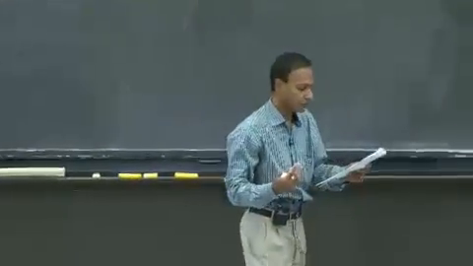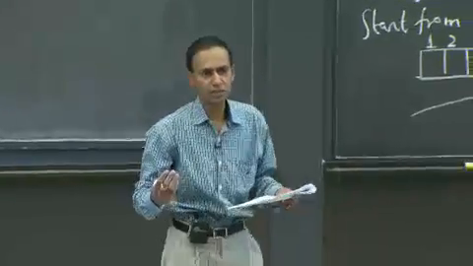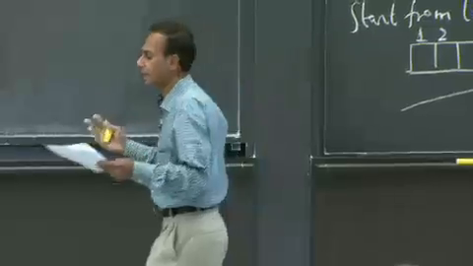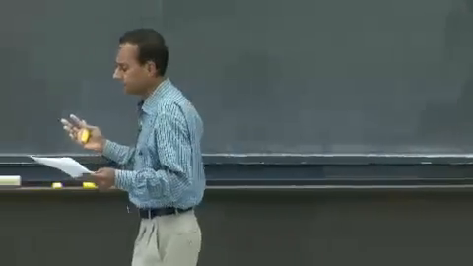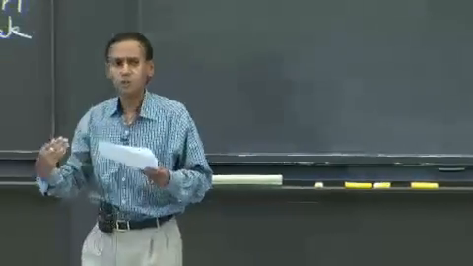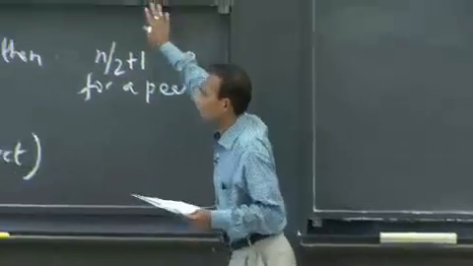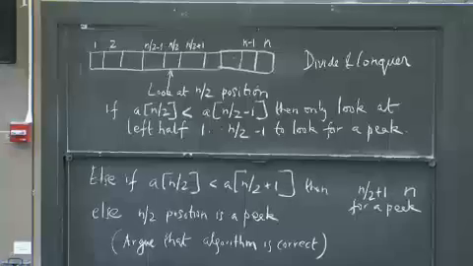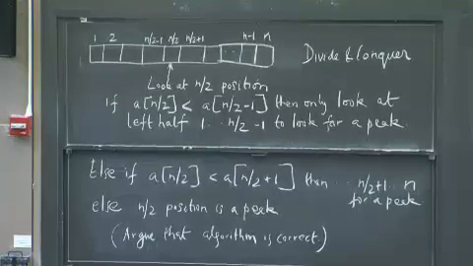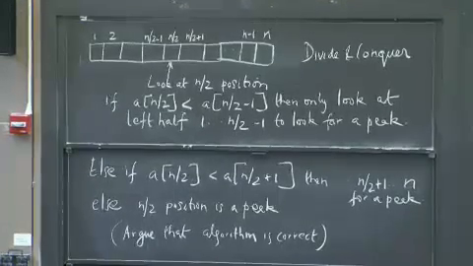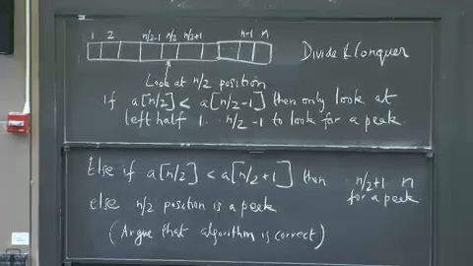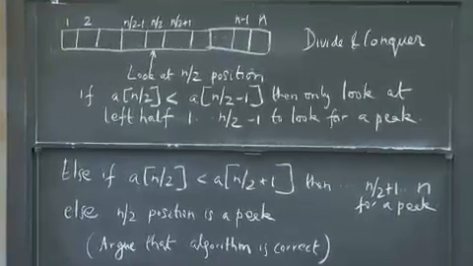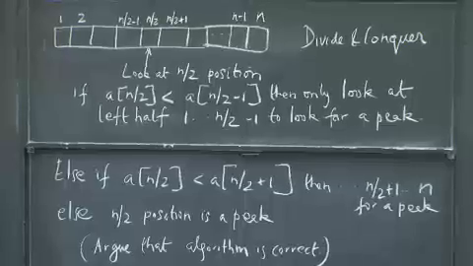So what I'd like to do is ask one of you to give me a recurrence relation of the kind T of n equals blah, blah, blah, that would correspond to this recursive algorithm, this divide and conquer algorithm. And then using that, I'd like to get to the actual theta complexity. Yeah, back there.